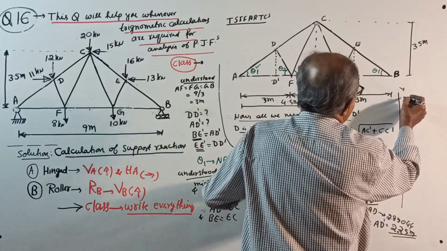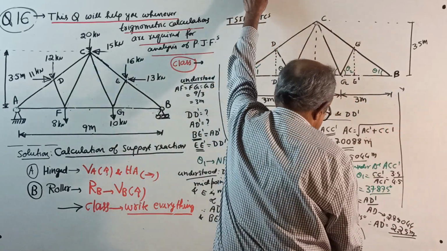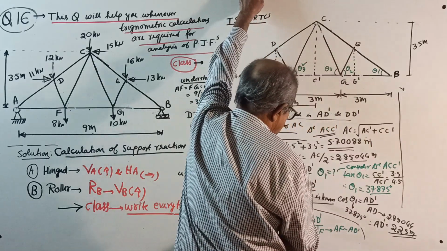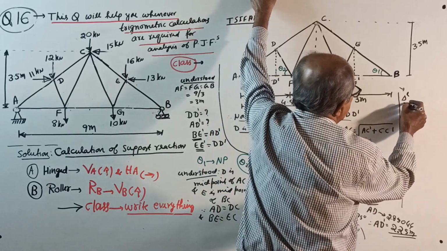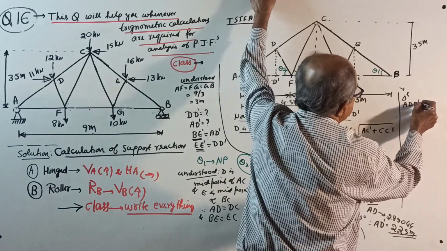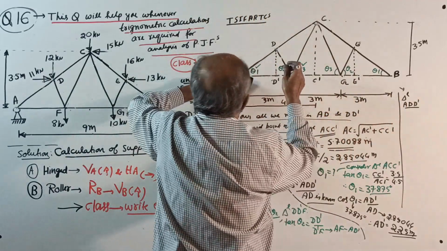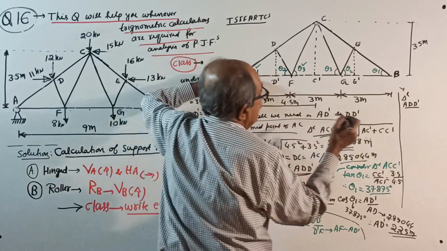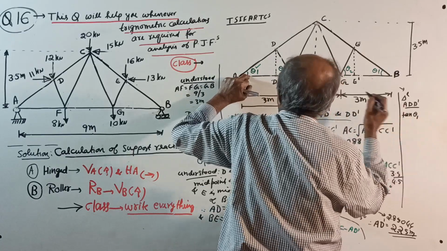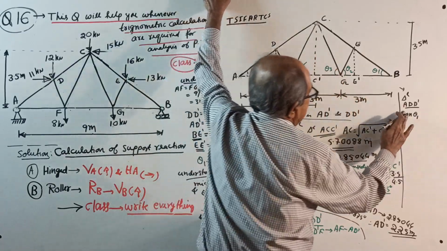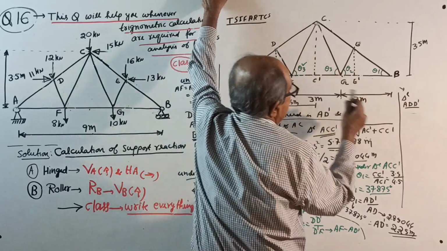Now, same triangle ADD dash only. I want to get the height. So, not tan theta 1, you write sin theta 1, because this is known.